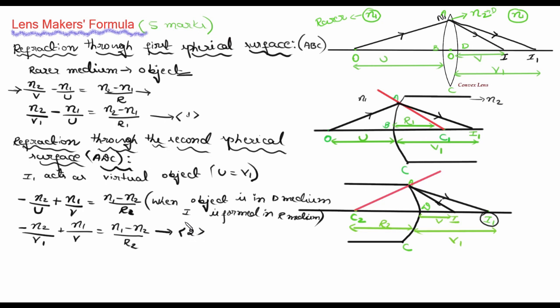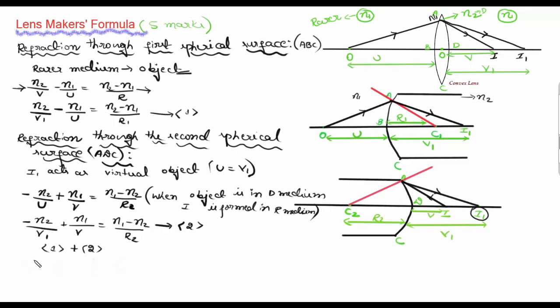We have got two equations because of refraction through two spherical surfaces. This is the first spherical surface, this is the second spherical surface. Now let's add equations 1 and 2. Left hand side should be added with the left hand side and right hand side with the right hand side.